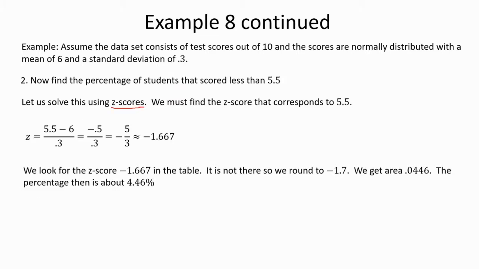We go to z-scores first. We find the z-score, and we get negative 1.667. Just like before, we look for that in the table.